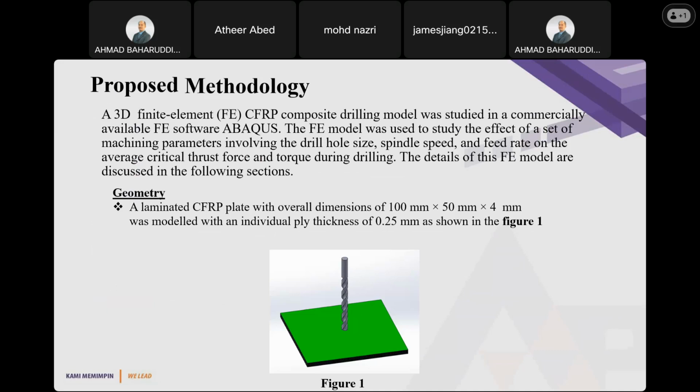Geometry: laminated carbon fiber reinforced plate with overall dimensions. I will take my dimensions as 100 millimeter by 50 millimeter, with a thickness of 4 millimeter, with modeling of individual thickness. Each layer will be 0.25 millimeter, as shown in figure 1.